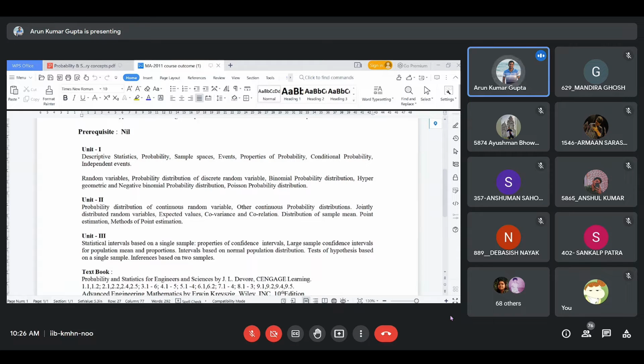After correlation, which you are seeing, distribution of sample mean starts with statistics. Statistics starts from here: distribution of sample mean, point estimation, methods of point estimation. Basically there are three types of methods we will use in general. Number one, point estimation. That means we want to estimate the parameter as a point.